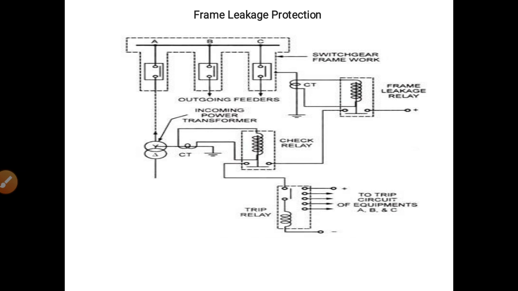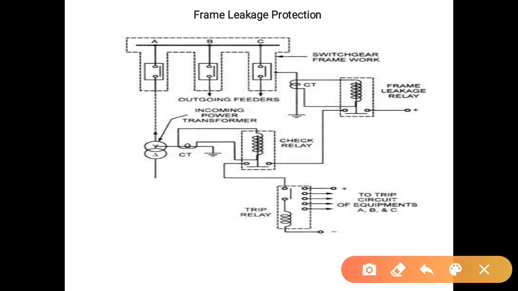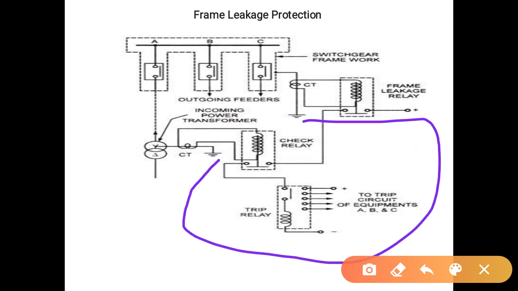Whenever there is a fault, the path of the leakage fault current will be like this. It flows through the metallic frame structure to the ground, and through the ground it goes to the neutral of the transformer. So this frame leakage current is also flowing through the neutral CT of the transformer. It will step down the current and energize the check relay.